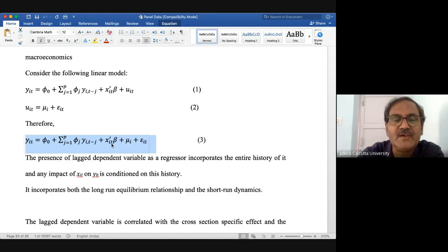So when we introduce the lagged values, we are basically incorporating the entire history of the process of generating GDP, for example.